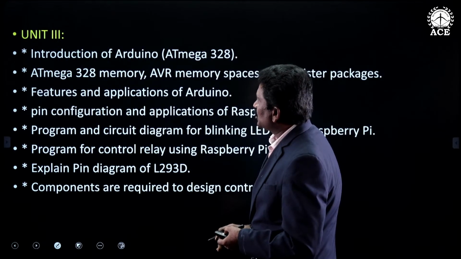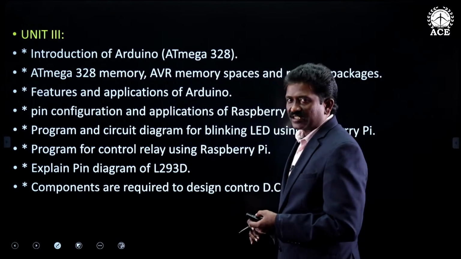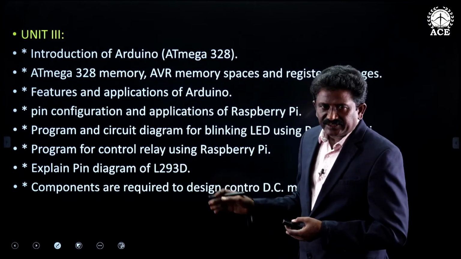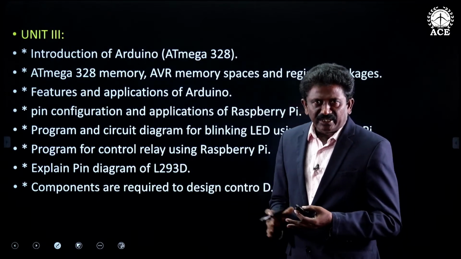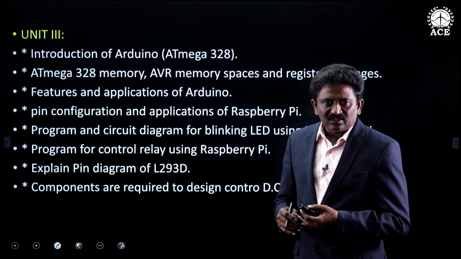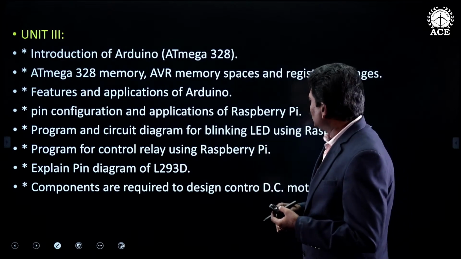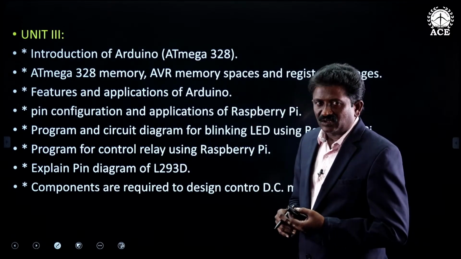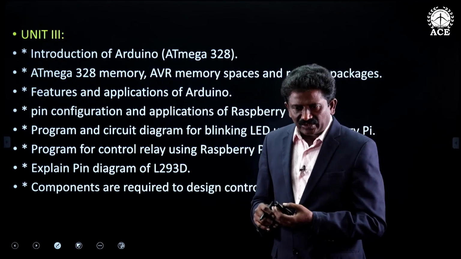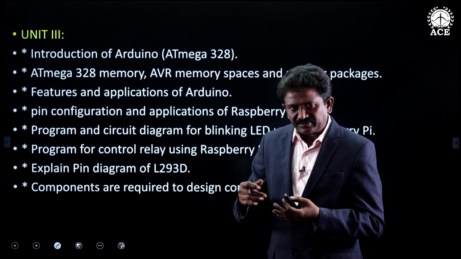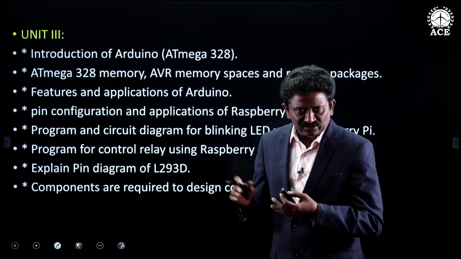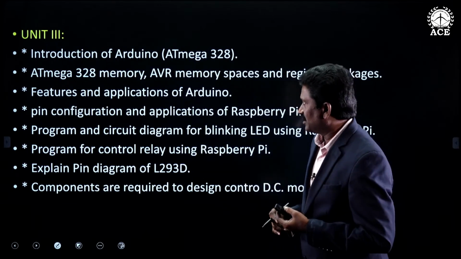Next one, unit 3, introduction of Arduino. In this unit you are mainly using Arduino. With the help of Arduino, you can control and collect some data from sensing elements. That means you can make some IoT device also.